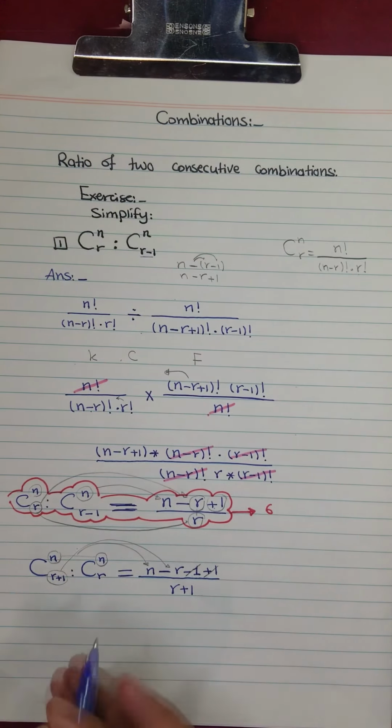This is important. They have to be consecutive, and it has to be division. Now what you have here is this one first, the bigger one second, plus 1 over the bigger one. So the formula is always like this. You can write this as a note. It is n minus the bigger r, plus 1, over the bigger r.